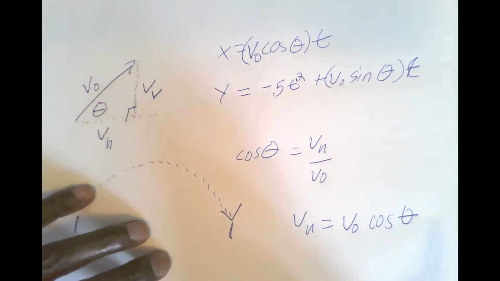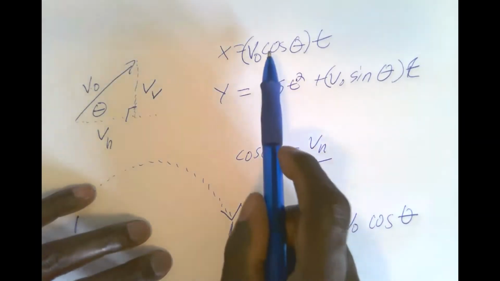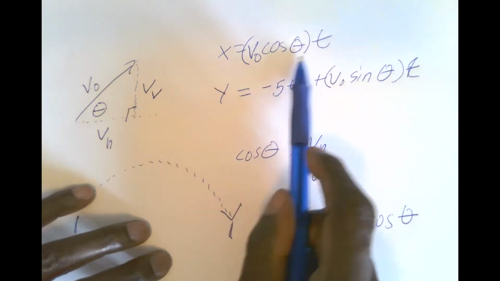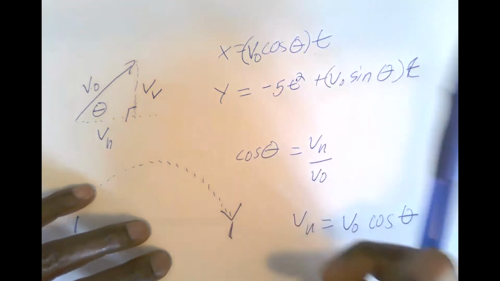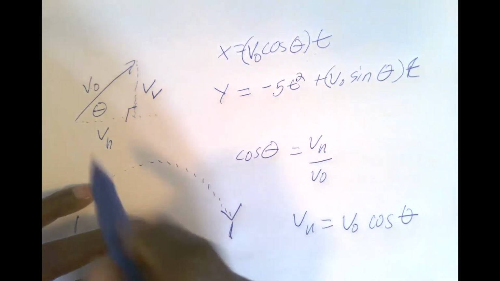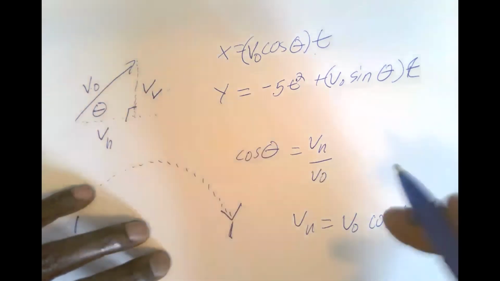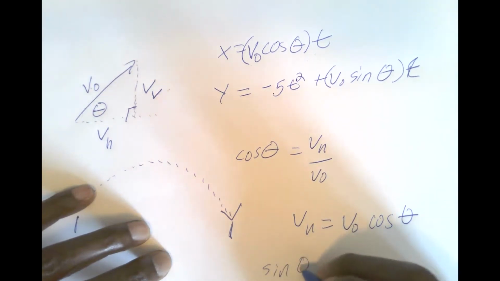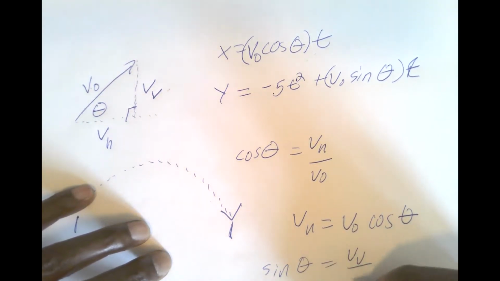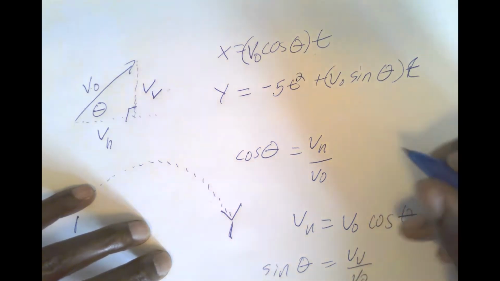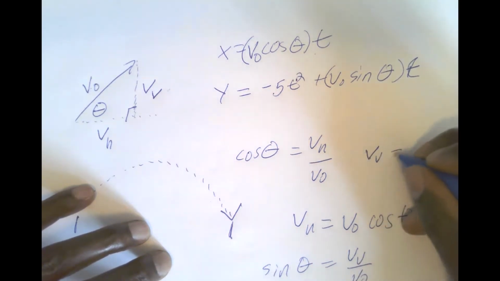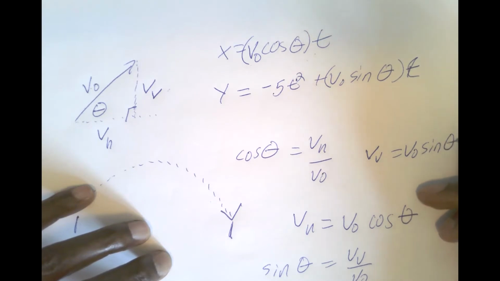And again, distance is simply velocity times time. And you can see here, there's the horizontal velocity times the time. Similarly with the vertical position, V sub V is opposite, and I know V naught, that's the hypotenuse. So we would say that sine theta is V sub V over V naught, which would imply that V sub V is V naught sine theta.